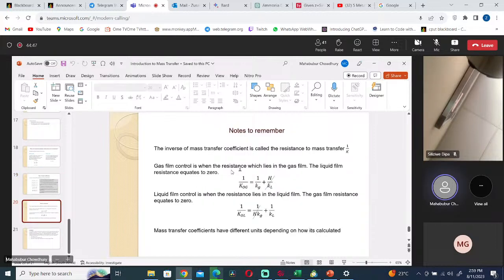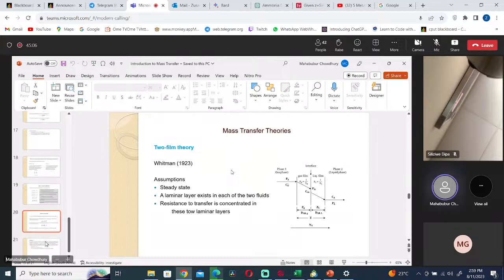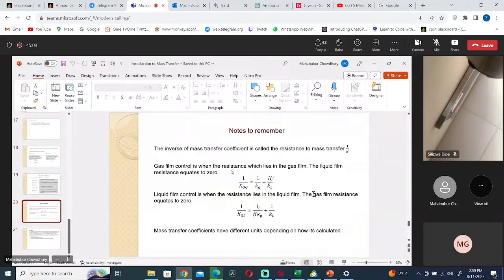Now, a note to remember is that the inverse of the mass transfer coefficient is called the resistance to mass transfer, which is 1 over K. Gas film control is when the resistance lies in the gas film, which is this, and the liquid film resistance equates to 0.